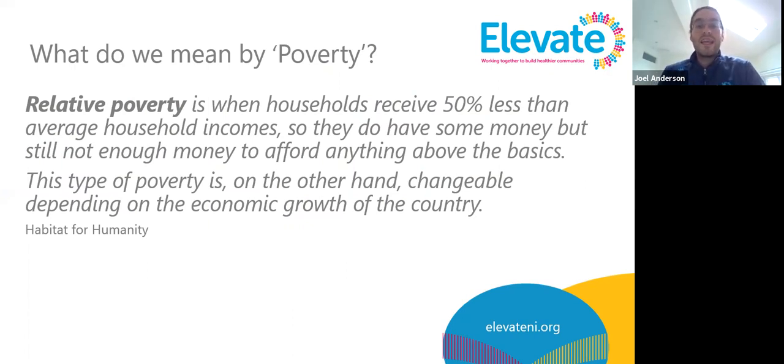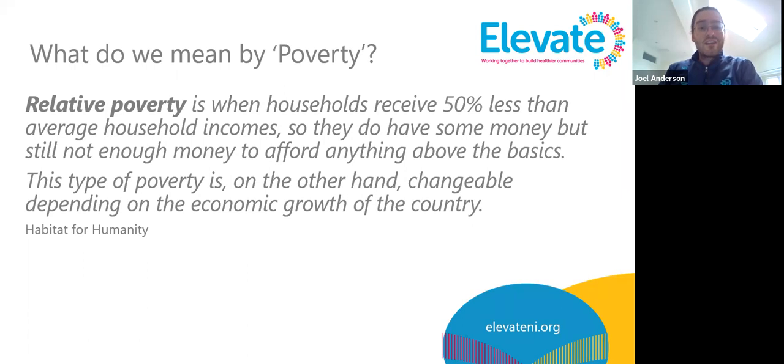This type of poverty is changeable depending on the economic growth of the country. So relative poverty differs from country to country based on the money that that country has. In simple terms, poverty is not having enough money or access to resources to enjoy a decent standard of living, be that the lack of access to healthcare, education, or water and sanitation facilities.